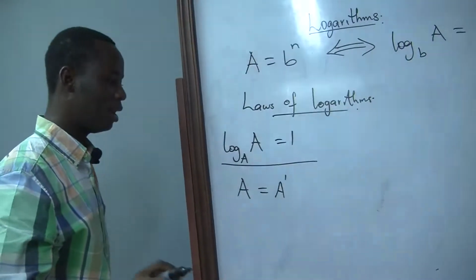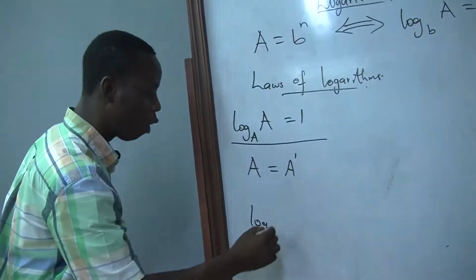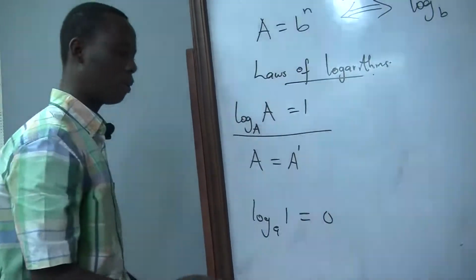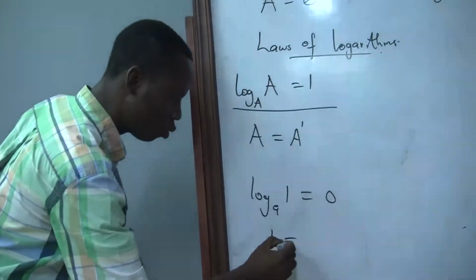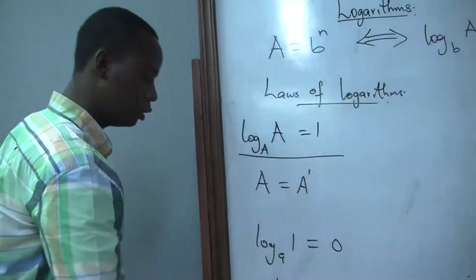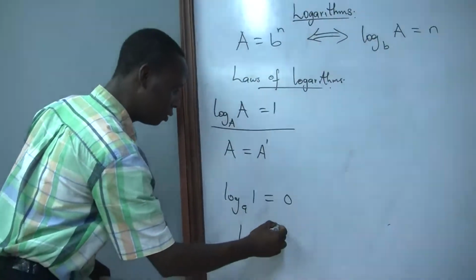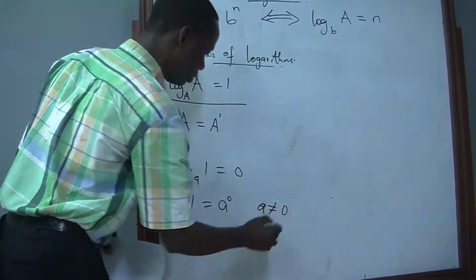In like manner also, what happens if we have log of 1 in any base now? What would that be? I say 0. Let's confirm that. That will be 1 equals, according to this relationship, A raised to the power of 0, provided that our A is not equal to 0.